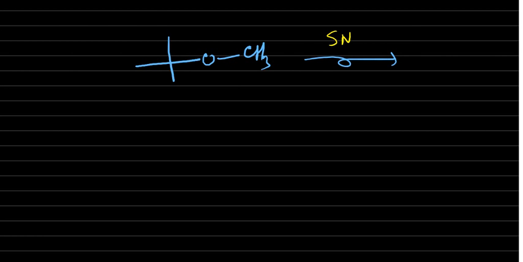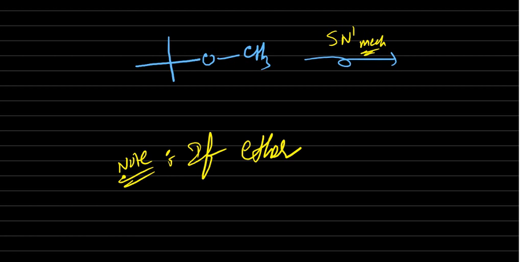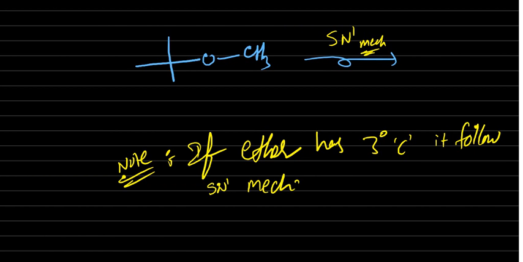Note down this point: if the ether has a tertiary carbon, it follows the SN1 mechanism. What SN1 and SN2 are, you can see in the next video.